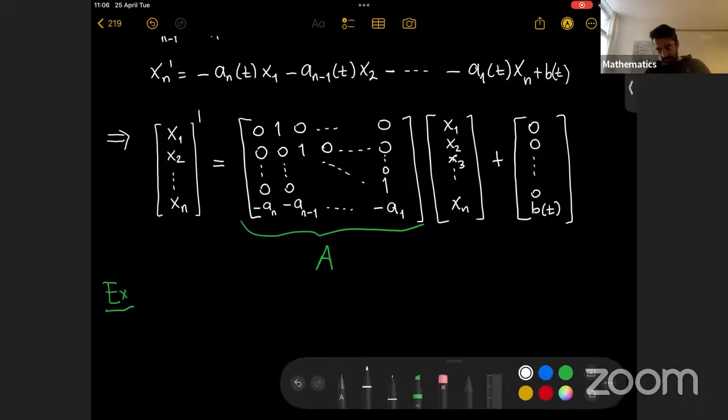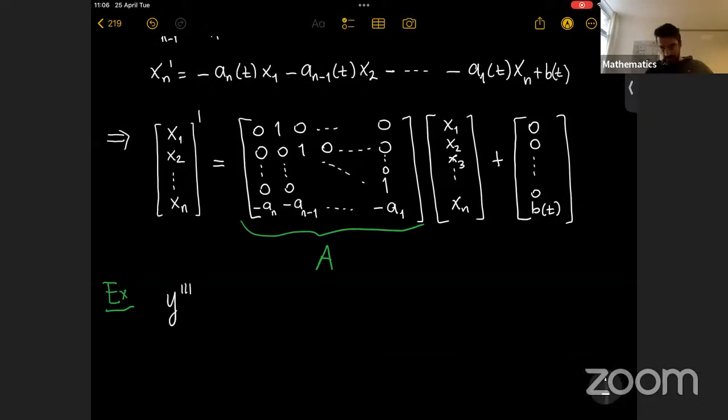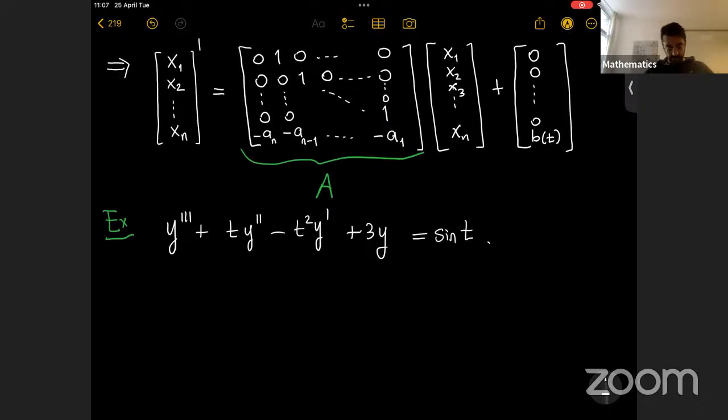Let's do an example and write a linear system for this equation. The third derivative plus t times the second derivative of y minus t squared y prime plus 3y is equal to sine t. Well, this corresponds to the following.